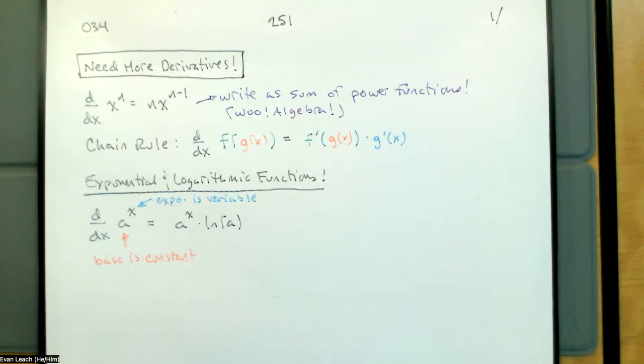So the derivative of 5 to the x is 5 to the x times the natural log of 5.